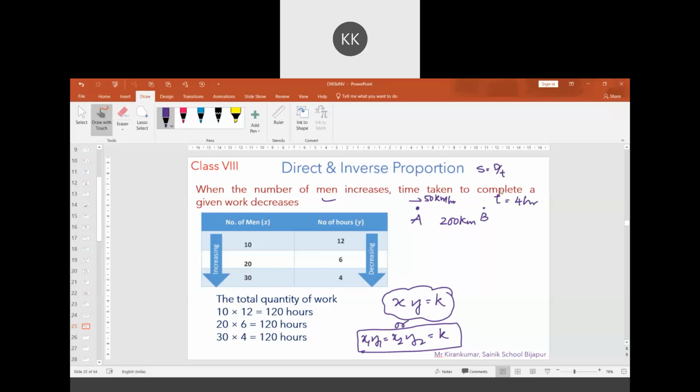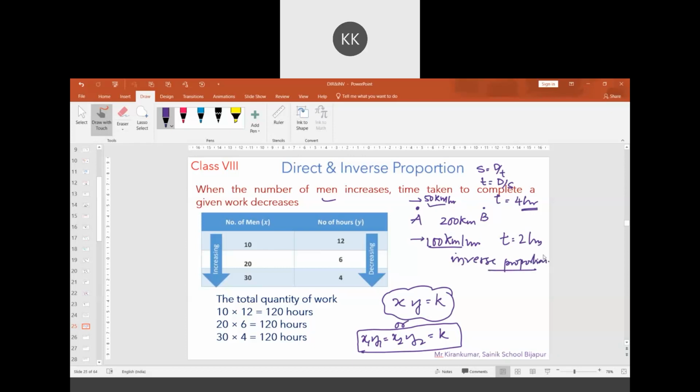Time taken will be distance by speed. We get it as 4 hours. If the speed of the bike is increased to 100 kilometers per hour, what will be the time taken? 2 hours, sir. Here you observe the speed is increased, but the time taken is decreased. Such type is called inverse proportion.